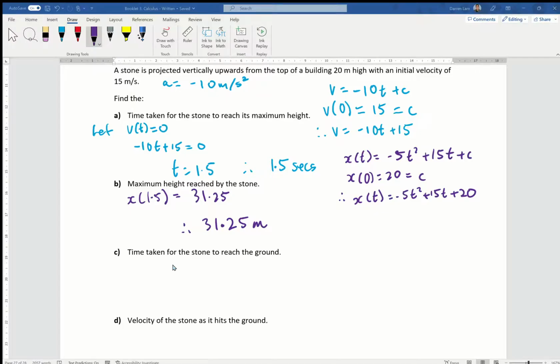The reason it's not correct is because the question says thrown vertically upwards. So this person, for some reason, is throwing a stone up and waiting for it to hit the actual building again. It's not actually reaching the ground. So the words vertically upwards is key here. We're just letting x of t equal to 0.